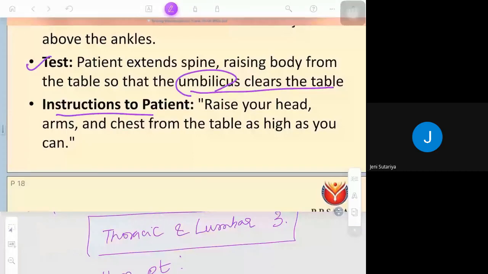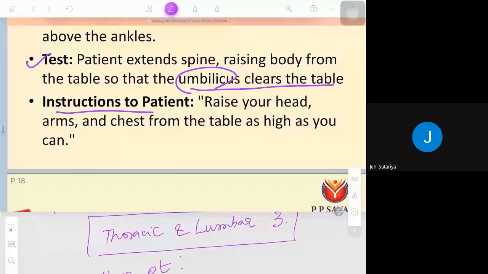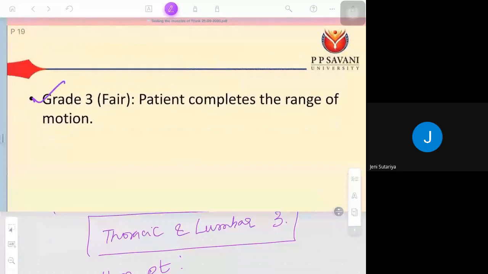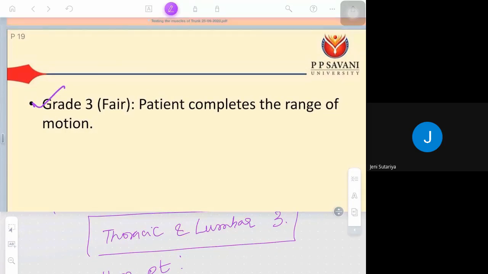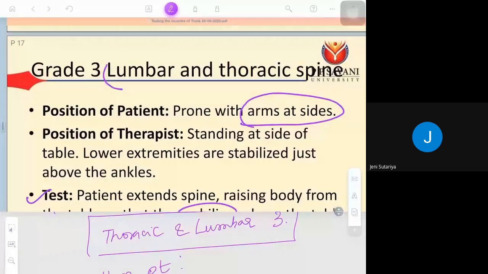Okay. Now, how will you grade? Again, I have told, by the response from the patient, you will decide what is the grade. So, grade 3. Remember, you are checking both lumbar and thoracic. Here it is not separate.